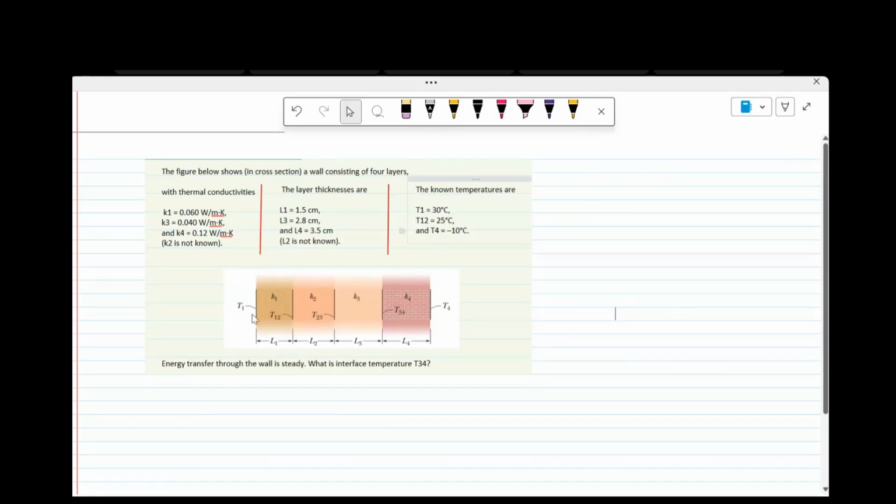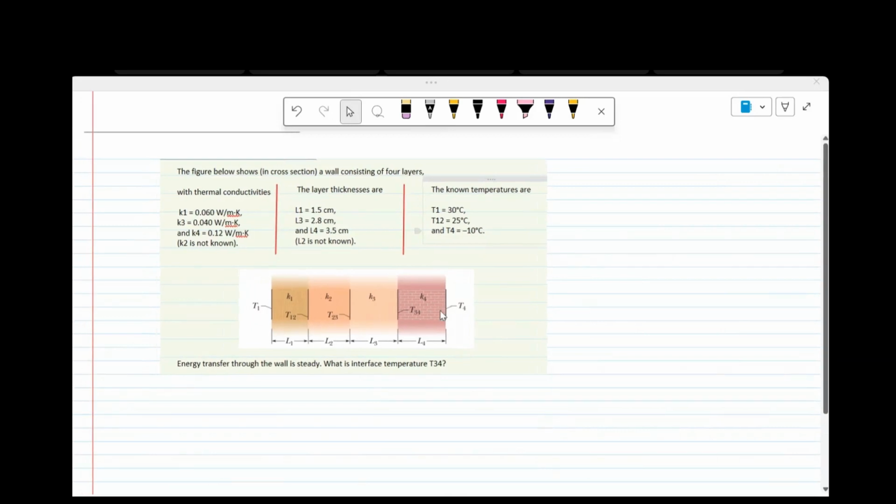We have the temperature T1 to be 30, T4 to be -10, and we are given the temperature at the interface T12. We're given that the energy transfer through the wall is steady, and we want to find the interface temperature T34. So basically, you can see that, first of all, the given temperatures T1 and T4 represent the temperatures at the edges, and these are what we usually label as T cold and T hot.